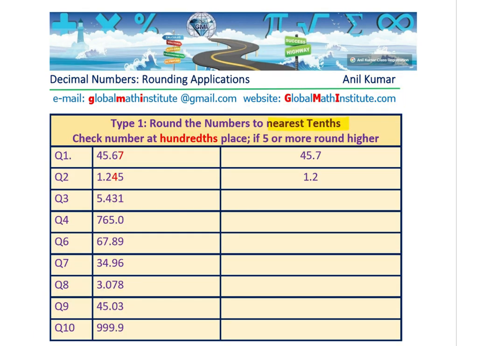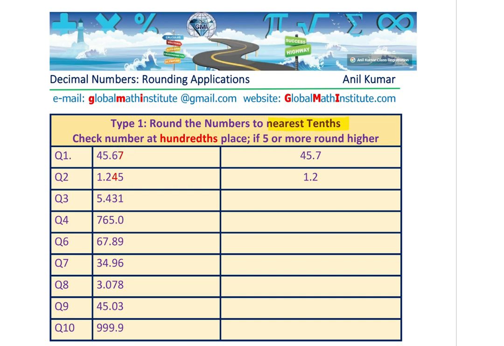To practice, we have 10 questions for you and type 1, round the numbers to nearest tens, right? So tens is the first decimal place after the point, on the right side of decimal. So the first one is 45.67. Rounding to tens means the number 6 will not change or remain the same depending on what is the number on the right side.